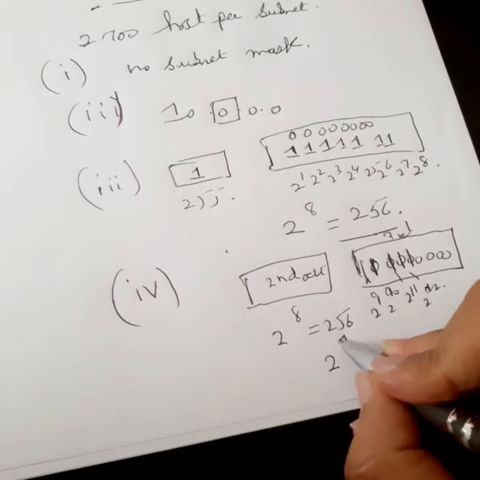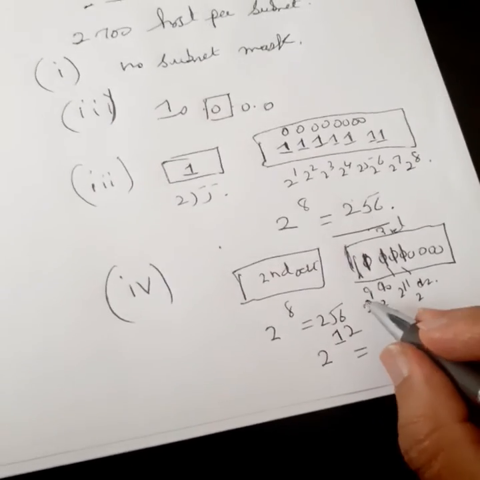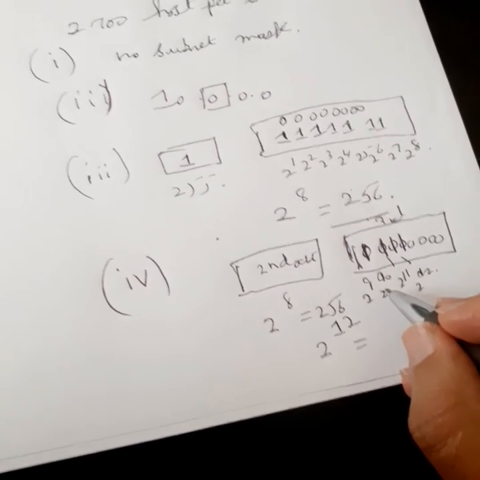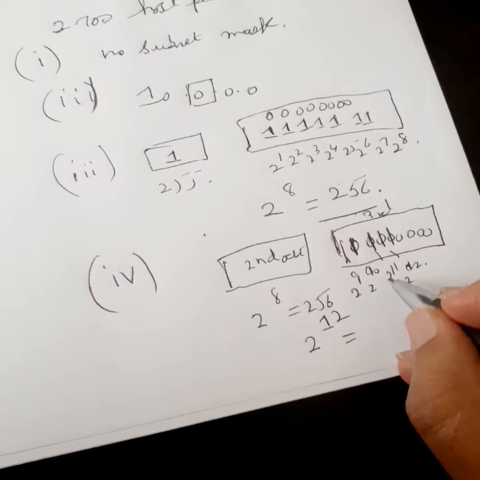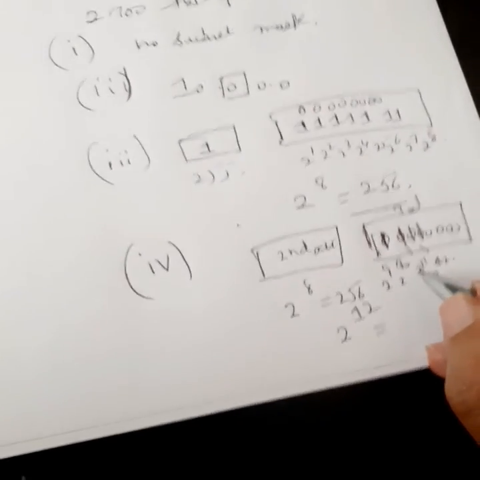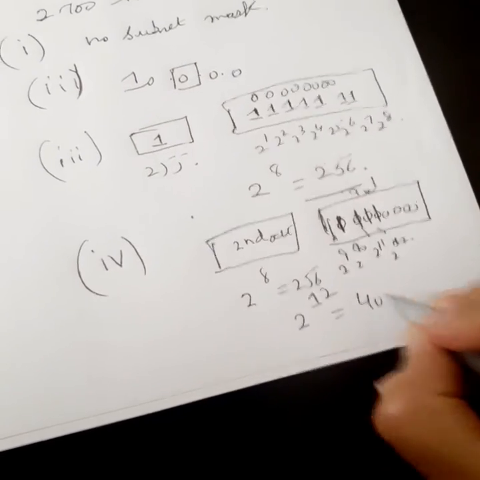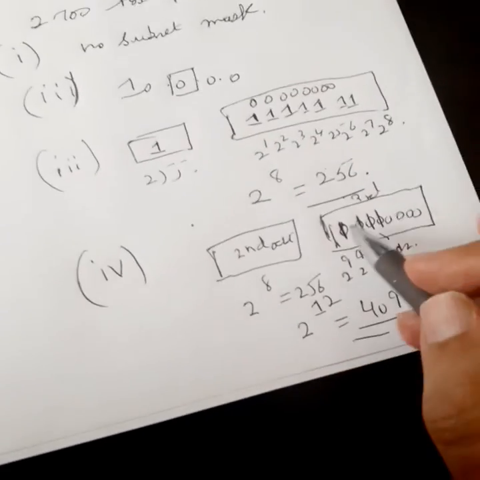So 2 power 12 is going to be what? 2 power 9 is 512. 2 power 10 is 1024. Then you carry on moving forward. 2 power 11 is, I think, 2048. And 4096. That's going to be our answer.